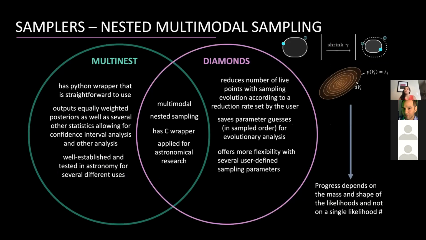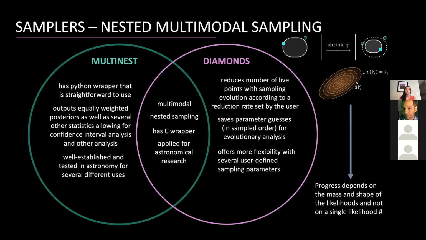So basically what multimodal nested sampling does is that instead of the progress of the sampler depending on a single likelihood value of the model fitting the data, which is what traditional Markov chain Monte Carlo samplers do, the progress actually depends on the mass and shape of the likelihood, which obviously provides a lot more accuracy for us.